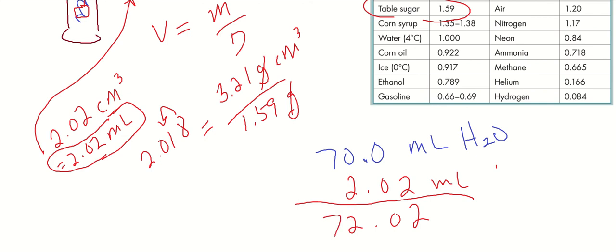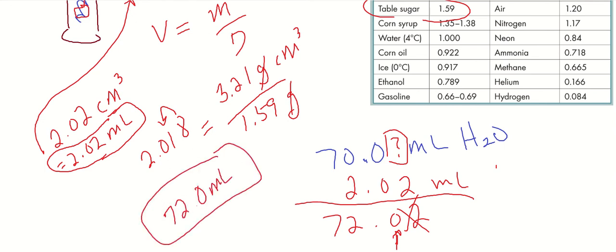The graduated cylinder never knew this information. So even though we calculated that precision, we can't have that in our answer. We can have this here, but that's just going to stay what it is. The final answer is going to be 72.0 milliliters, which is the final volume, if that's what it's asking.